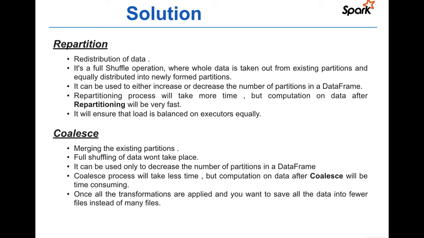We cannot increase the number of partitions using coalesce. The coalesce process will take less time, but computation on data after coalesce will be time consuming. Once all the transformations are applied, it will help us to save all the data into fewer files instead of many files.